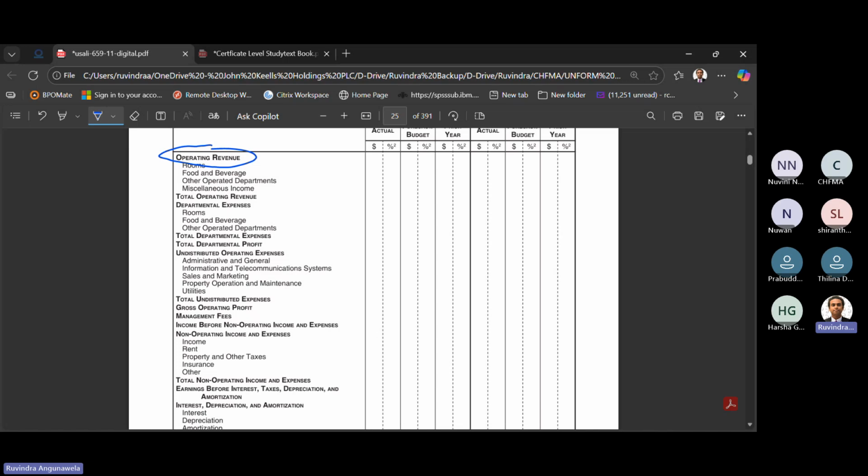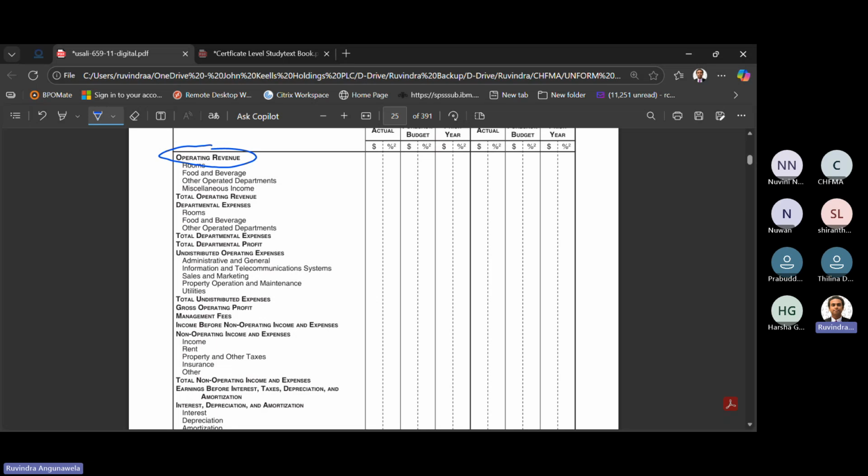Now, the operating revenue of a hotel is basically the revenue that is generated from the frontline departments. If you can recall my first lecture, I told you that there are certain frontline departments which make revenue, and there are certain back office or back end departments which don't generate revenue but actually support the revenue generating departments.